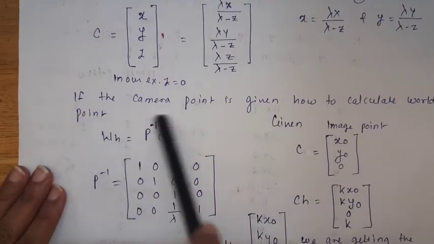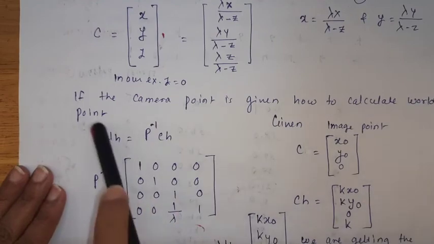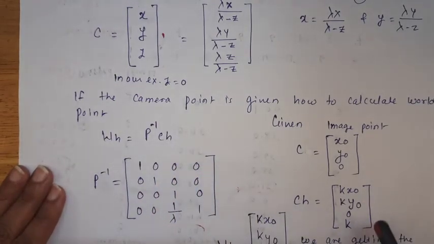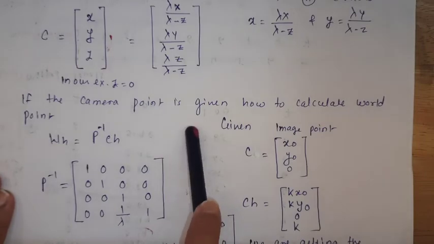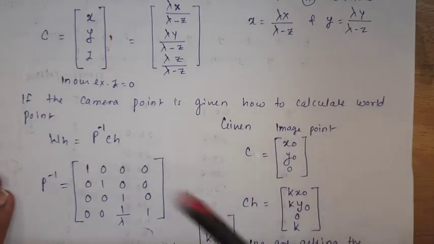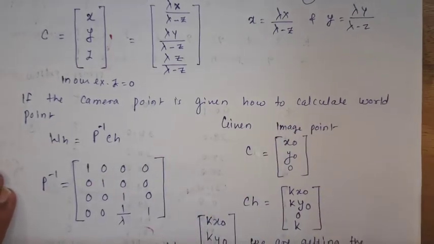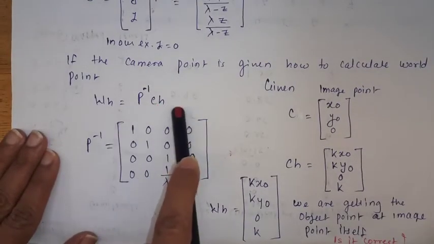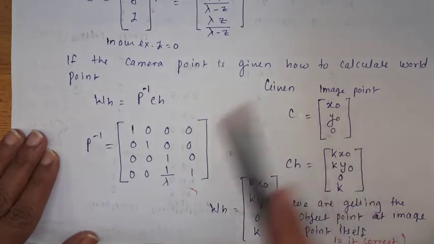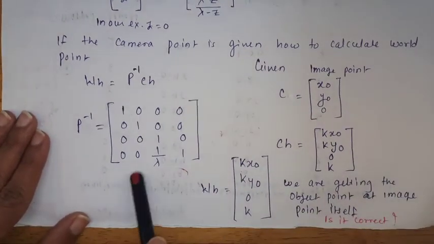If the camera point is given, how do we calculate the world point? Just now we had a world point and we found a camera point. Now if the camera point is given, how do we calculate the world point? WH equal to P inverse of CH. P you know, so you can compute P inverse, and P inverse is given by this.